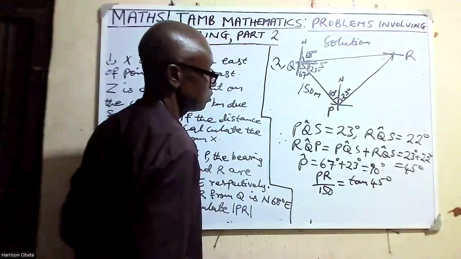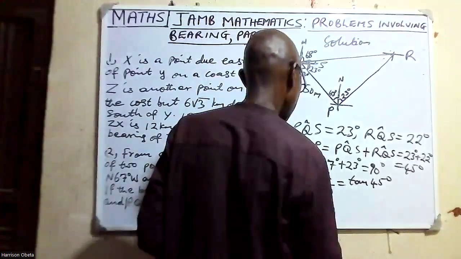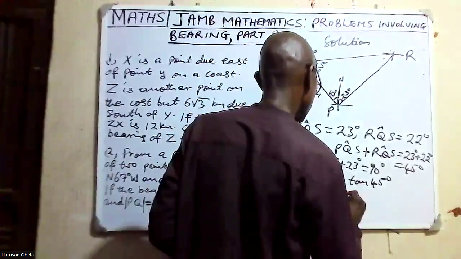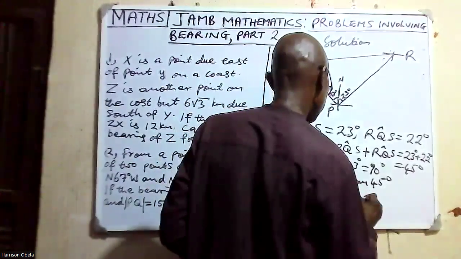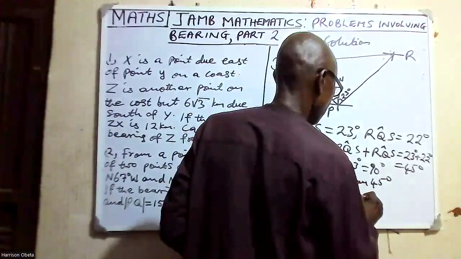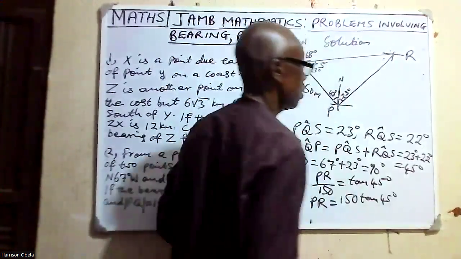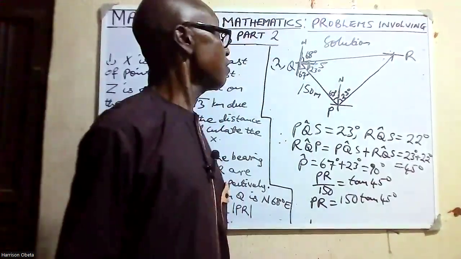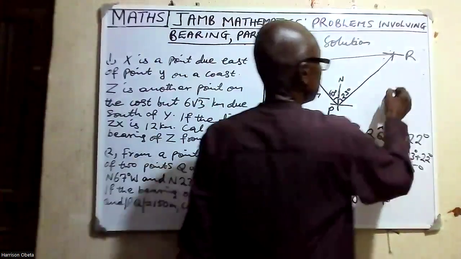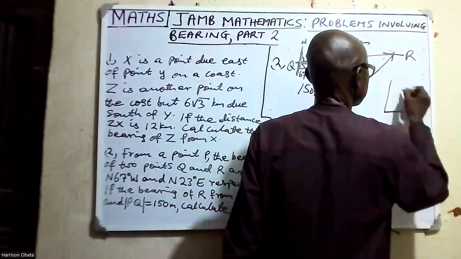And again, it means that PR is equal to 150 tan 45 degrees.